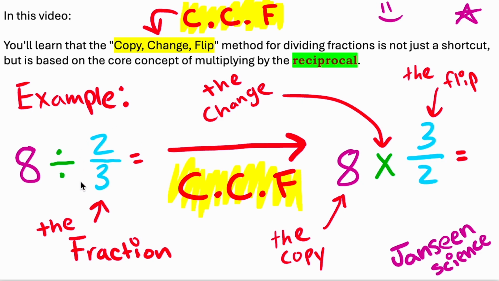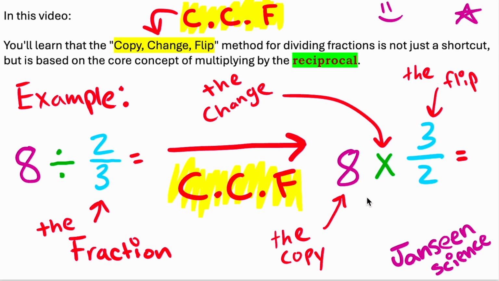But here's an example. I have 8 divided by 2 over 3. And notice that I'm using the copy change flip method. The first thing I did was to write the 8, so that's the copy. Then I changed the operation, the division sign, to a multiplication sign.